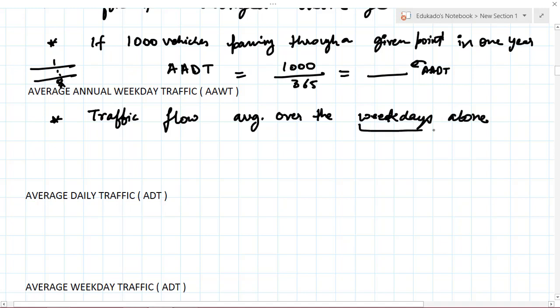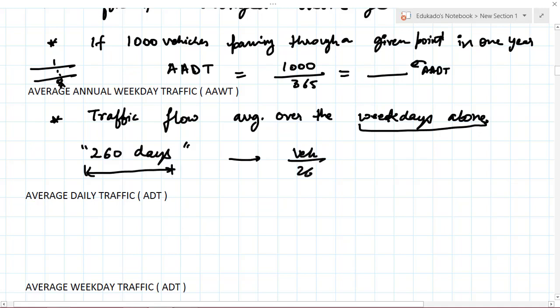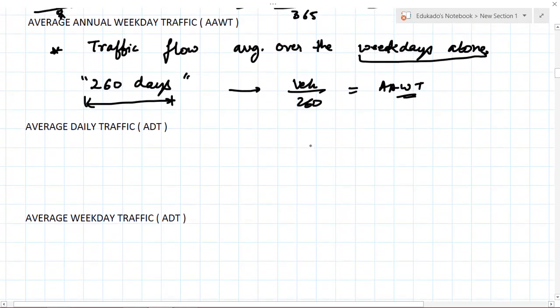Now here we're just concerned about the weekdays. If I calculate the number of weekdays in a year, it comes to about 260 days. So if I take the same amount of traffic and I've calculated it within the time limit of 260 days, then the number of vehicles divided by 260 will give me that AAWT. That's all these things mean.